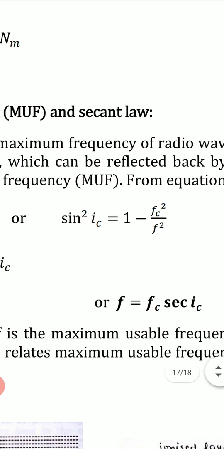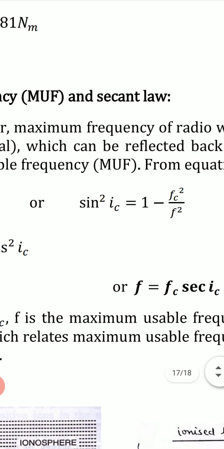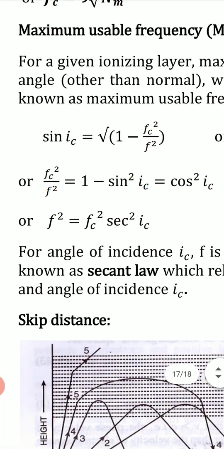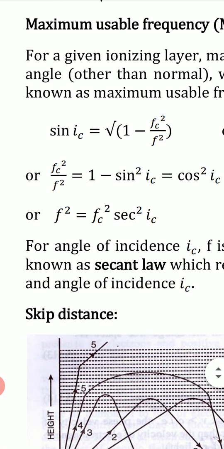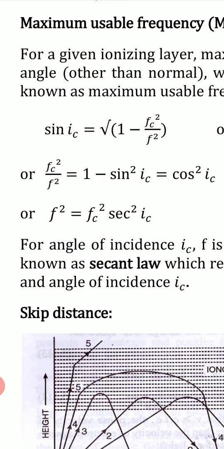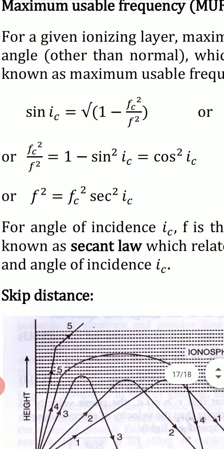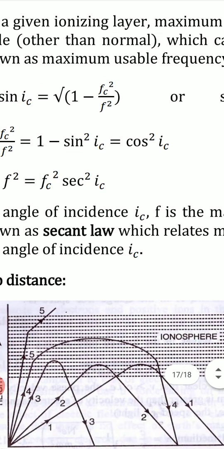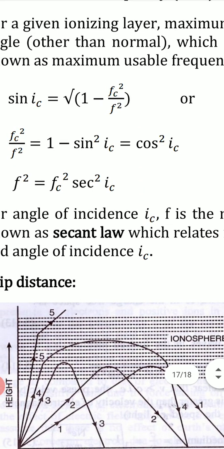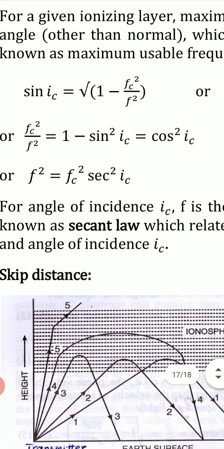If we square it, then we have sin square IC equal to 1 minus FC square upon F square, or FC square upon F square equal to 1 minus sin square IC. 1 minus sin square IC is cos square IC. So FC square equal to F square cos square IC, or F square equal to FC square sec square IC.